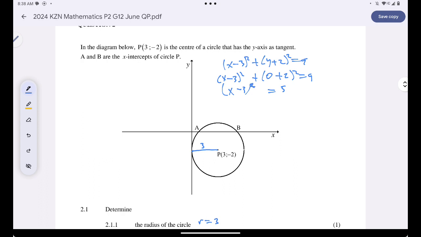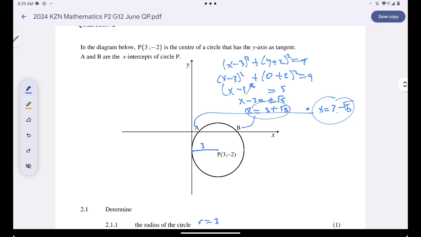Then when I put square roots on both sides, I'll find that x minus 3 is plus or minus the square roots of 5. So x is equal to 3 plus the square roots of 5, or x is equal to 3 minus the square roots of 5. So the distance, okay, this one will represent the x value at A, this one will represent the one at B together, because this is smaller than this one.